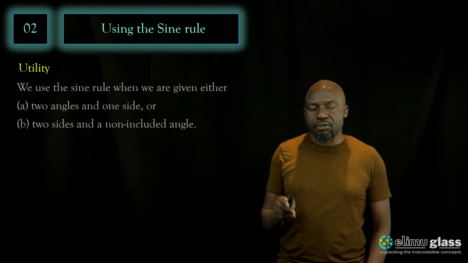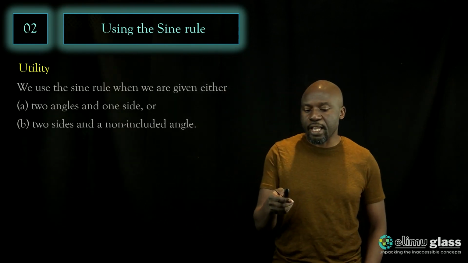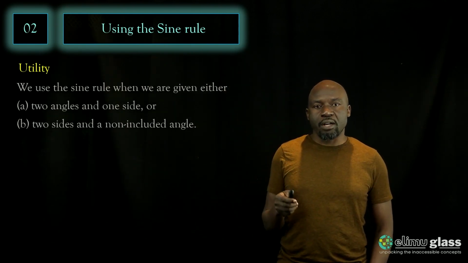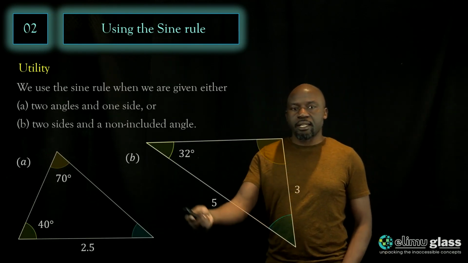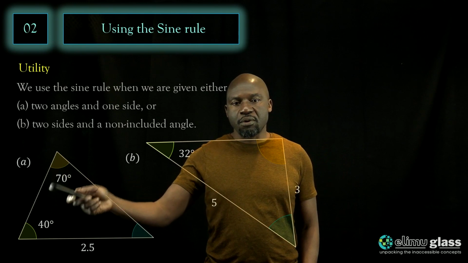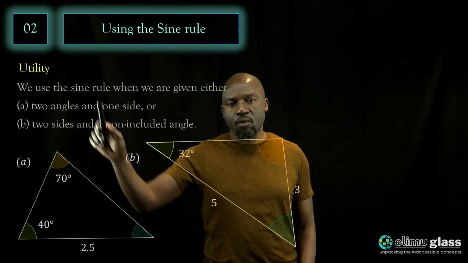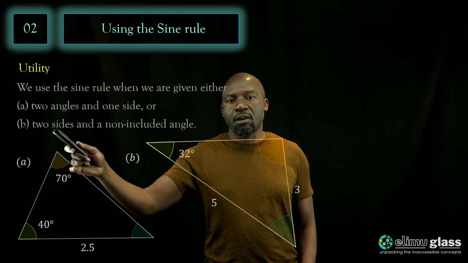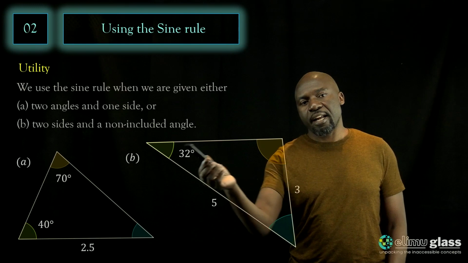So to use the sine rule, we must know two sides and an angle, or two angles and a side. For example, here is a case where we have been given two angles and one side, so that's case A, two angles and one side given. Or the second case where we are given two sides and an angle.